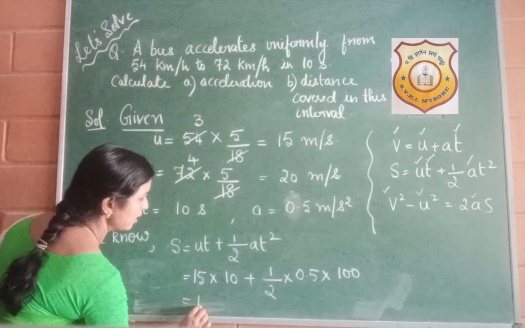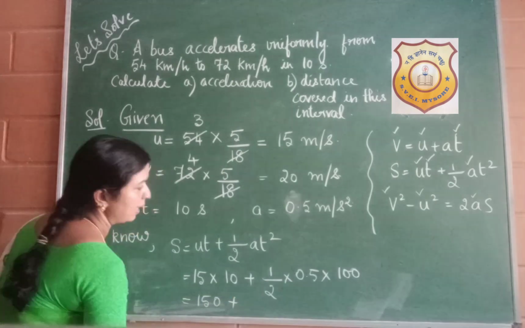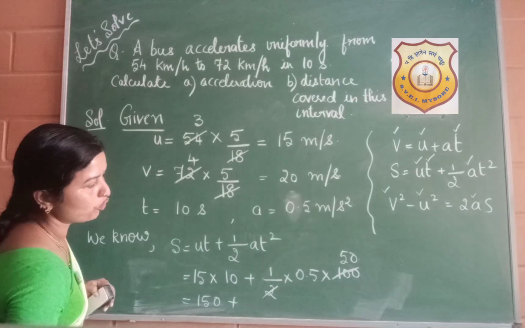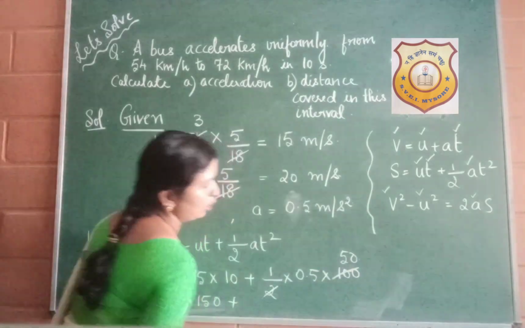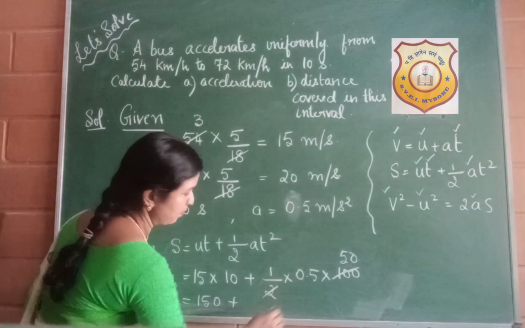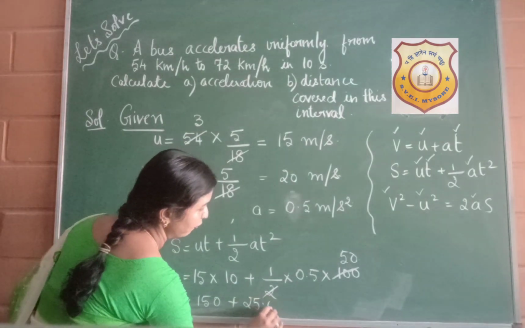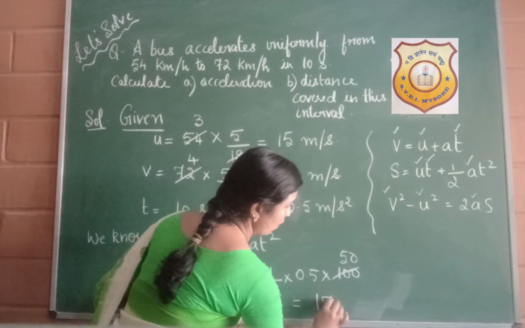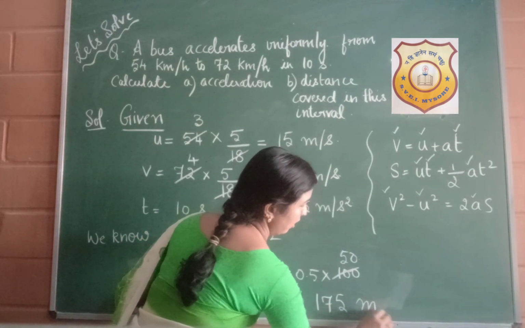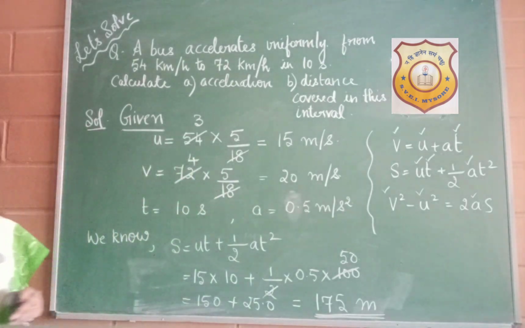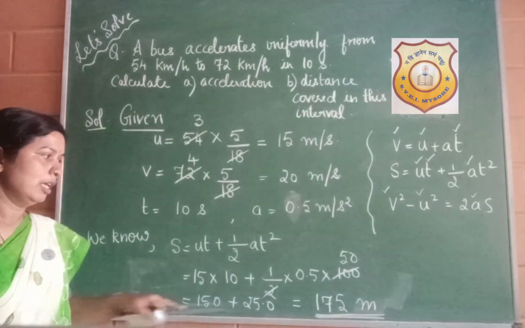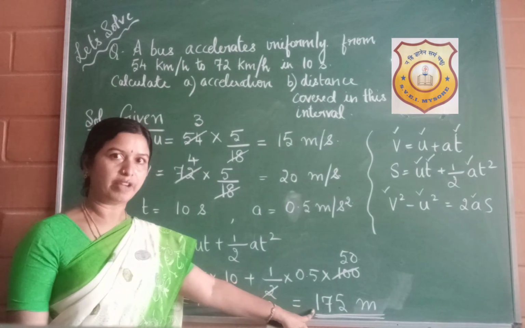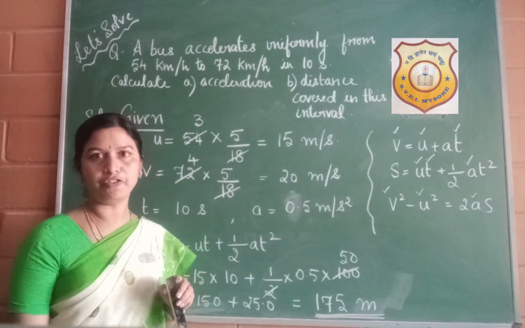So 15 into 10 is 150 plus, so 50 into 5 is 250. We have to add this decimal, so it becomes 25.0, and 150 plus 25 will be 175. As we are finding the distance, it is 175 meter. So make a note of it. We have found the distance to be 175 meter using the second equation of motion.